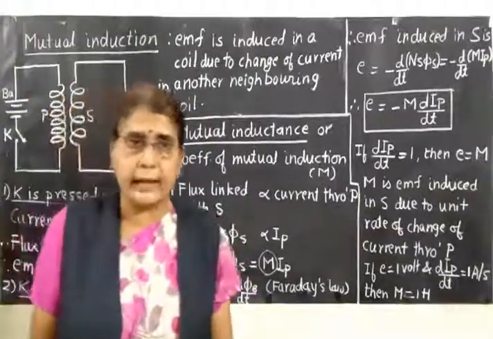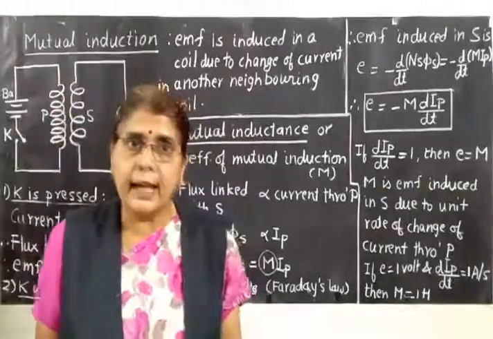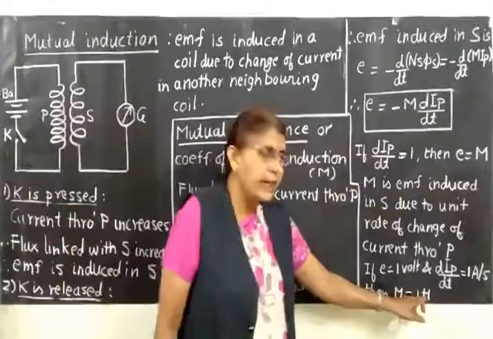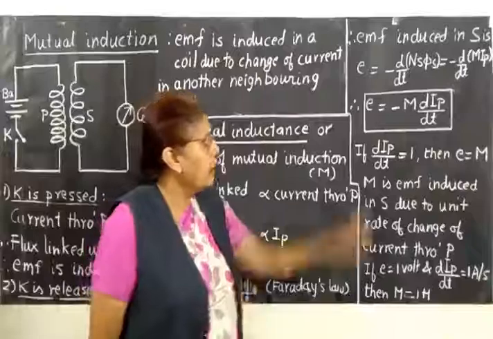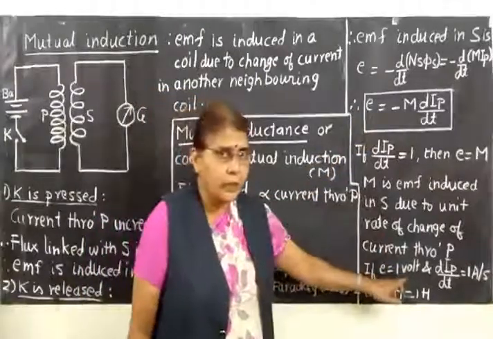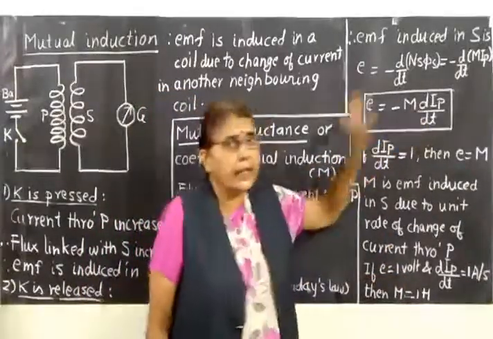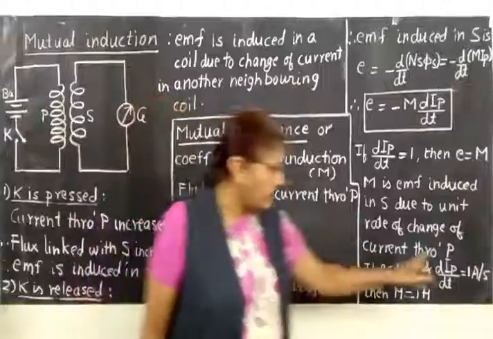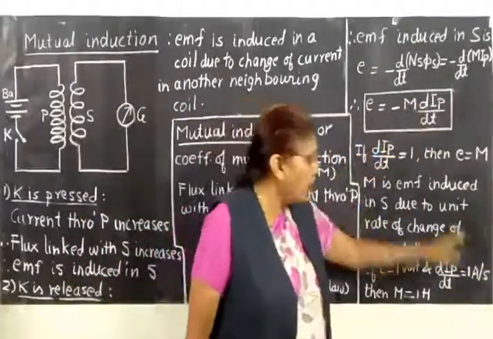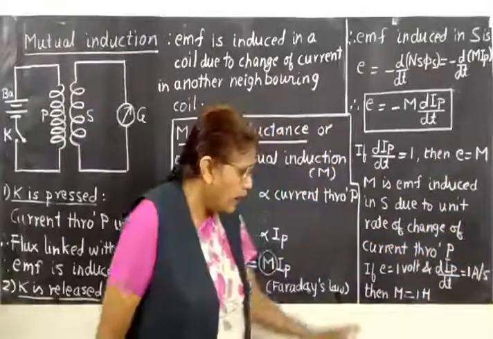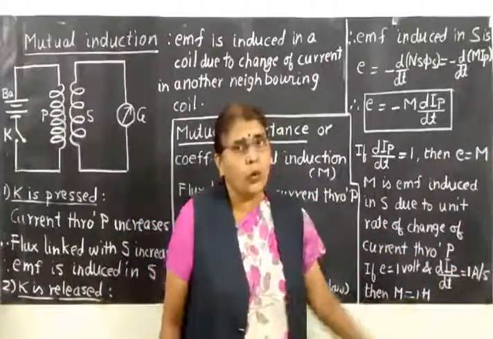So what is the SI unit of mutual inductance? The SI unit, as for self-inductance, is Henry, and it is denoted as H. So let us put all these units in the SI system. Let us put E is equal to 1 volt, and dIP upon dt, rate of change of current, is 1 ampere per second. Then M will be equal to 1 Henry.